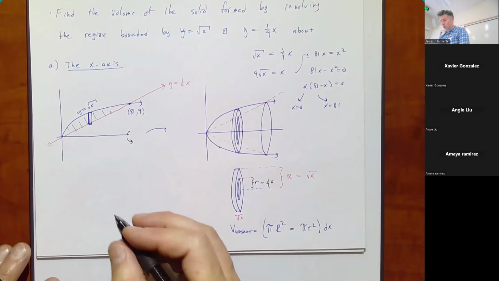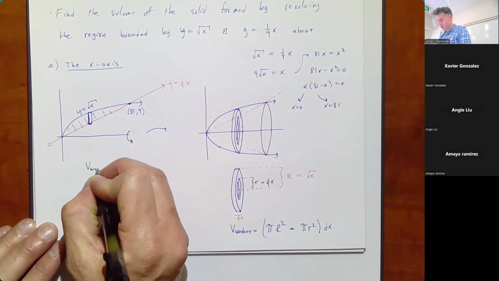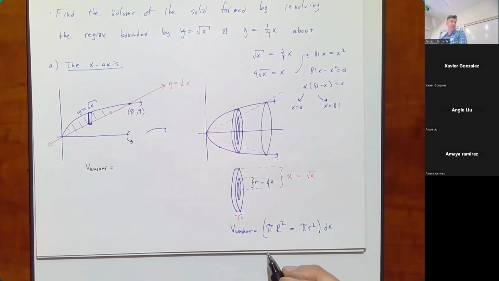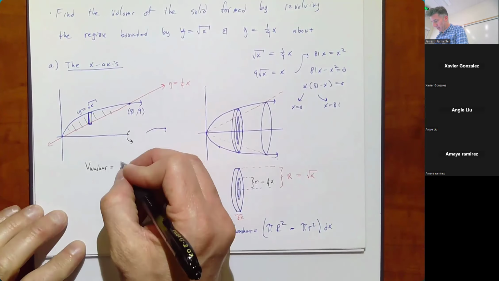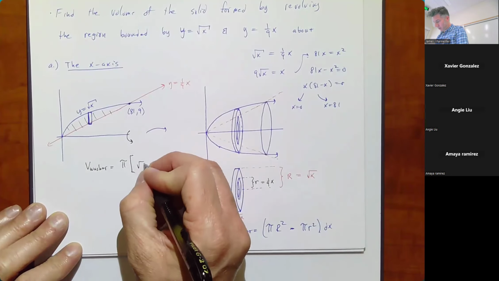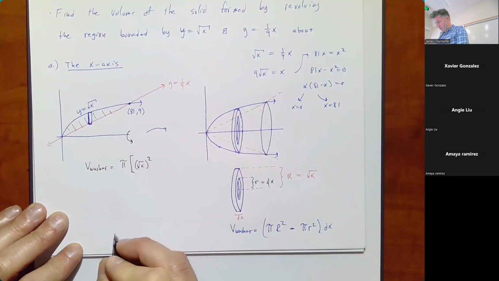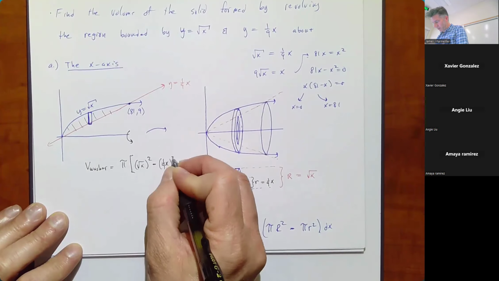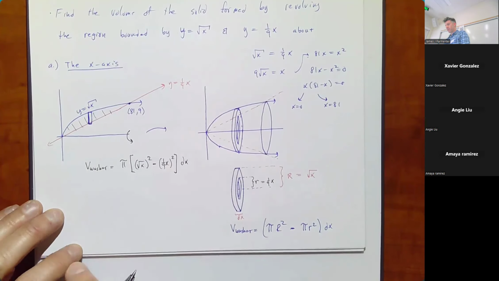So then setting up just the volume of the washer, people usually factor out the pi because they can. It's going to be pi times the larger radius square root of x squared minus the smaller radius 1/9 x squared dx.